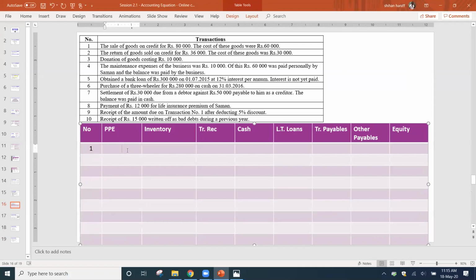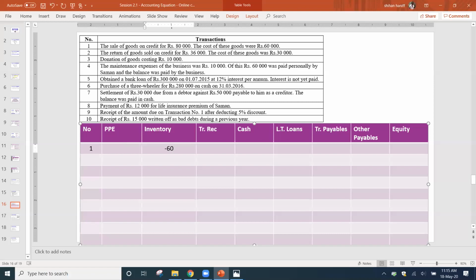So the first transaction, what happened? Sale of goods on credit for 80,000. The cost of the goods was 60,000. So our stock reduced by 60.